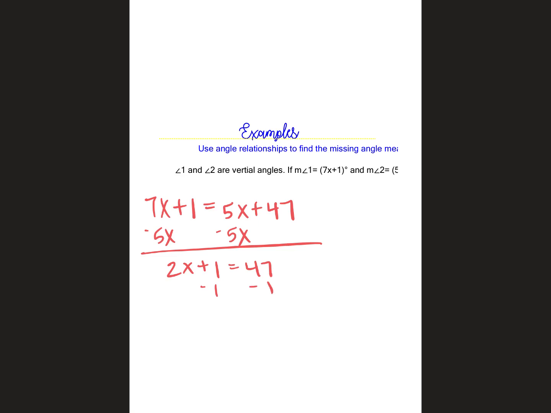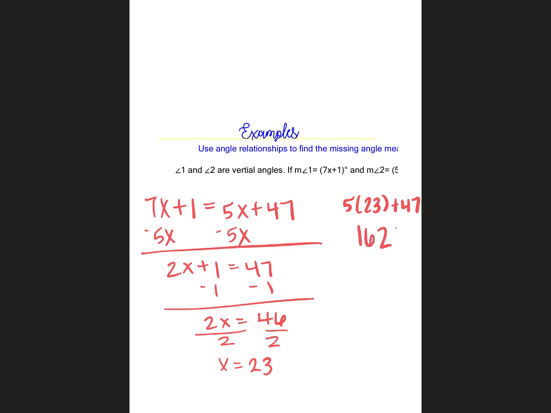Subtract 1. 2x equals 46, and when you divide by 2, x equals 23. Then it says to find the measure of angle 2, so we want to take our 23 and plug it in for angle 2, which is 5 times 23 plus 47, so we get 162 degrees.